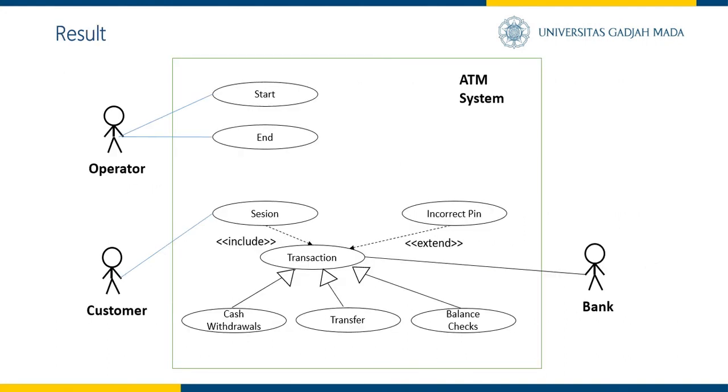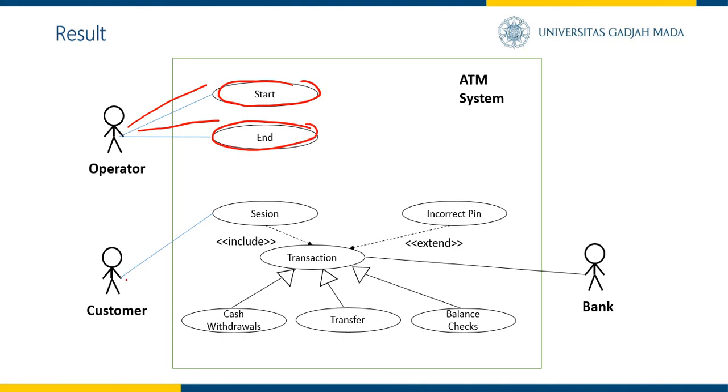This is the result of the use case diagram that we created. So we have an operator here. The operator has two activities, which are starting the system and ending the system.